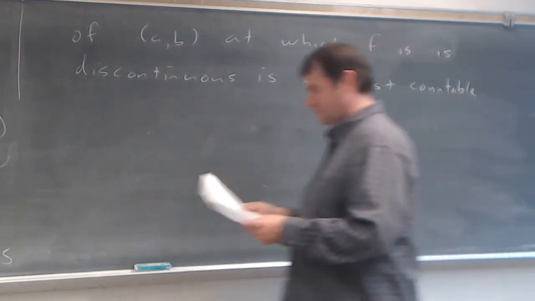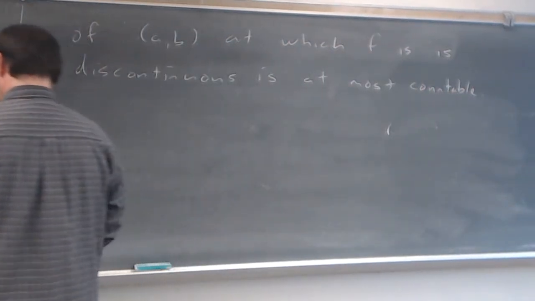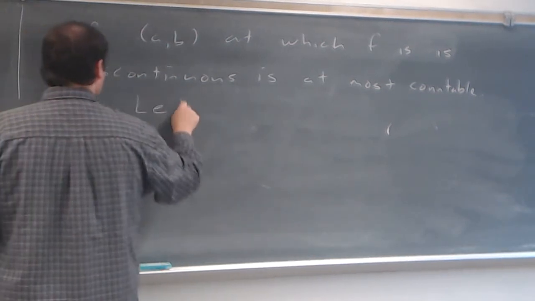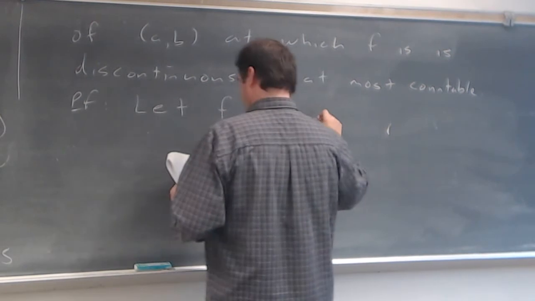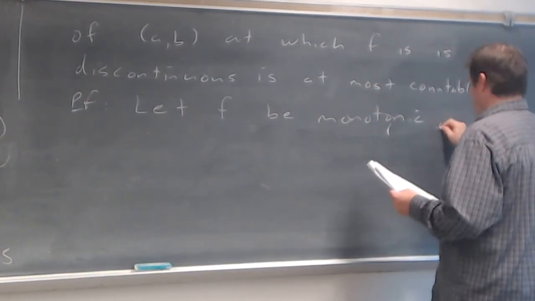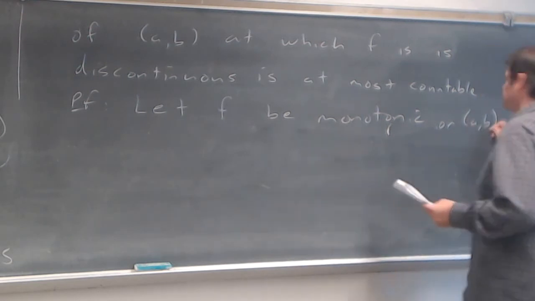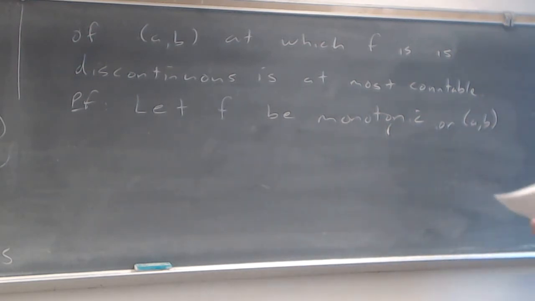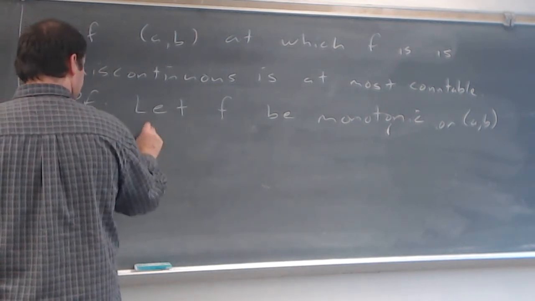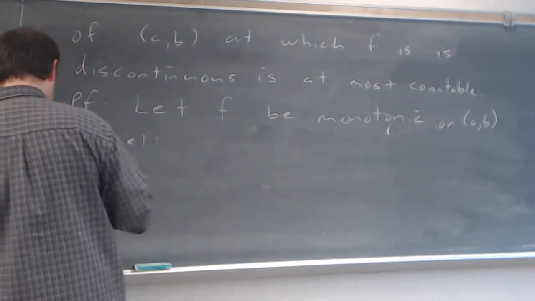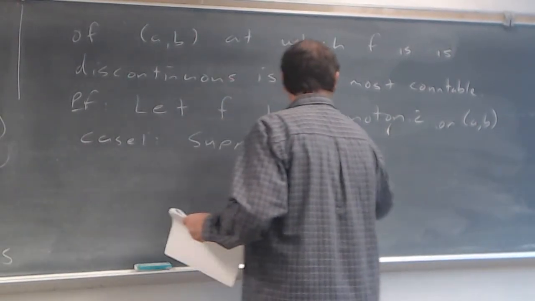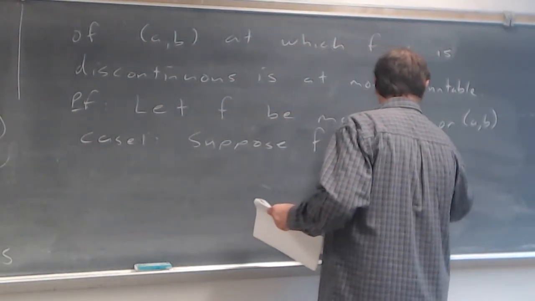So here's the proof. Let f be monotonic on a to b. So here's case one, since it's monotonic. Well, it could be monotonically increasing. So let's suppose that.